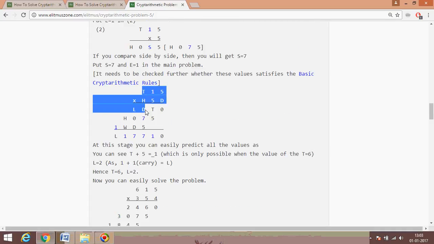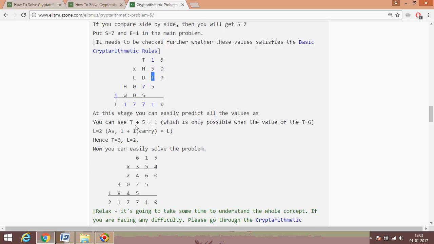Now the problem is resulting into this part. Now you can easily predict the value of T. From here you can see that T plus 5 is coming as 1, so you can easily predict the value of T as 6.